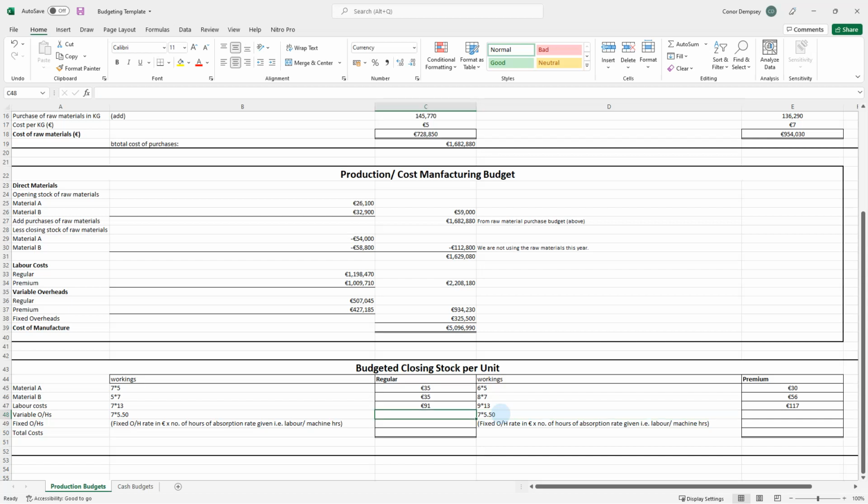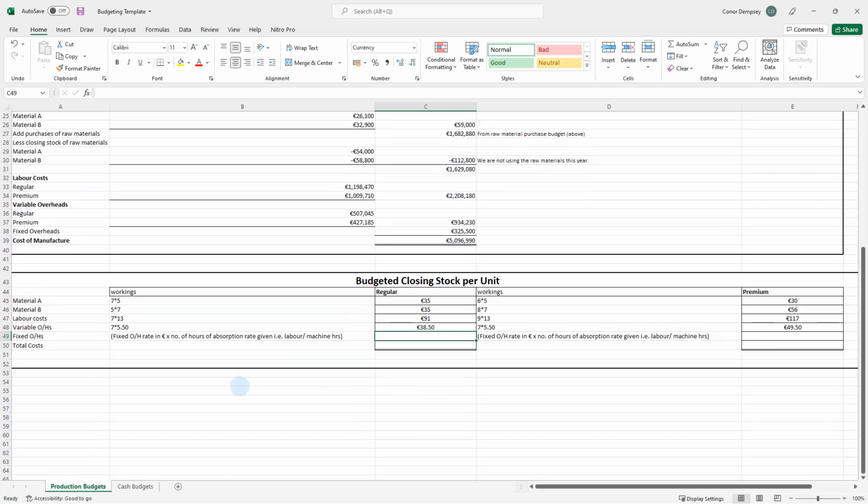So we have 38.50 and we have 49.50. I will make sure that is to the nearest cent. Now, fixed overheads will be a bit tricky because we need to work out a rate.